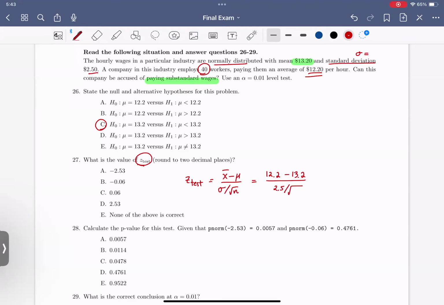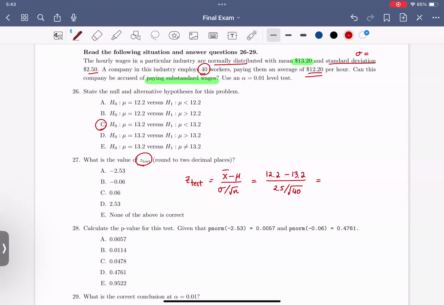N here is going to be 40. All right, you're going to get the answer pretty soon. So it's 12.2 minus 13.2, which is minus 1, over 2.5 and then over square root 40.